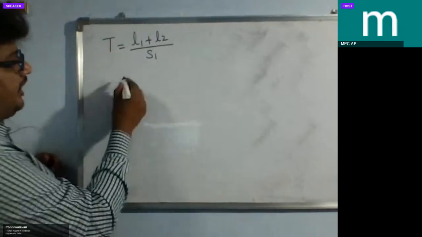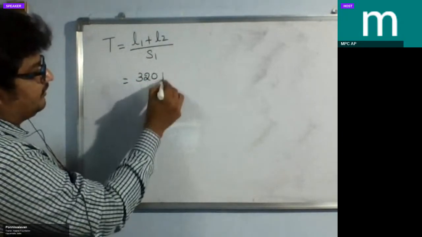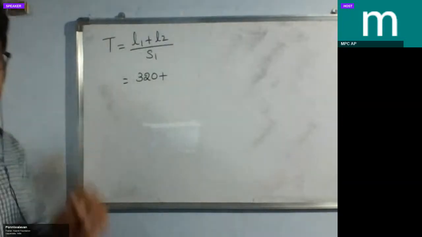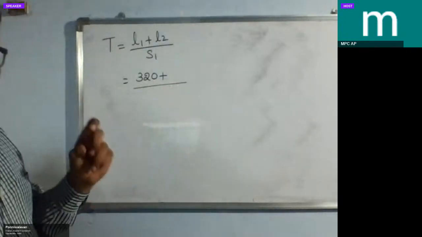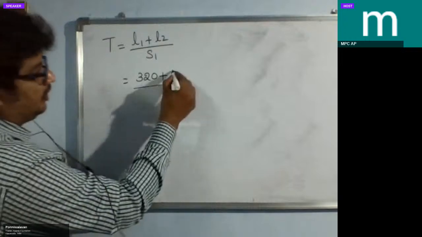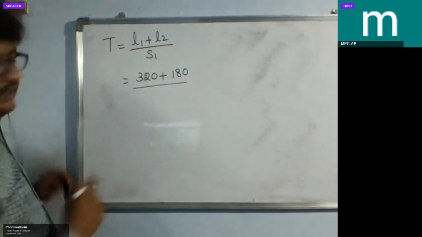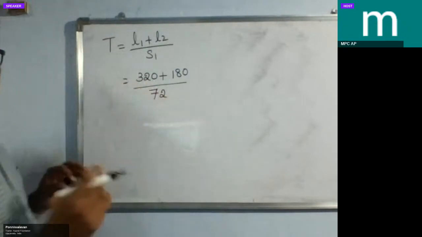The length of the train is 320 meter, running at a speed of 72 kilometer per hour, and it will cross a platform of 180 meter. Okay, platform is 180 meter, and the speed is 72.